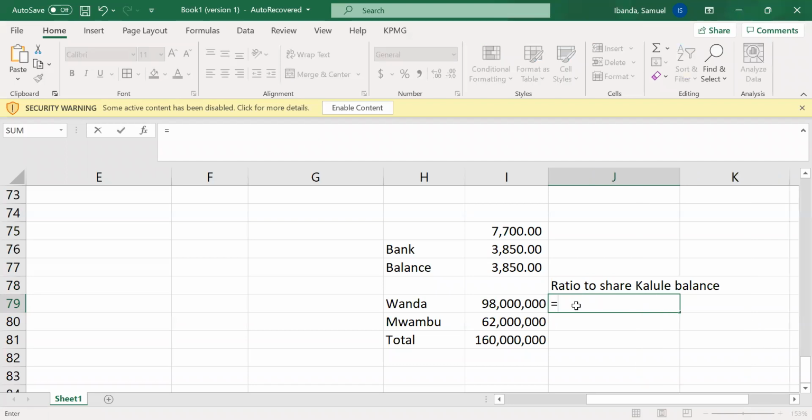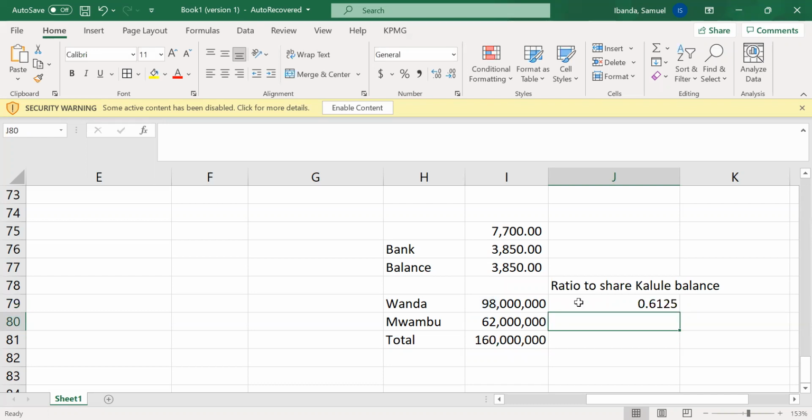It will be 98 million divided by 160 million. That will be the ratio in decimal places. For this one, it will be 62 divided by 160, like that.